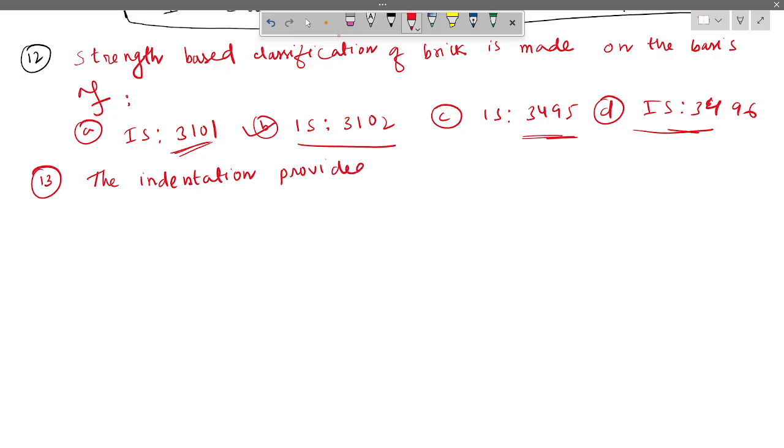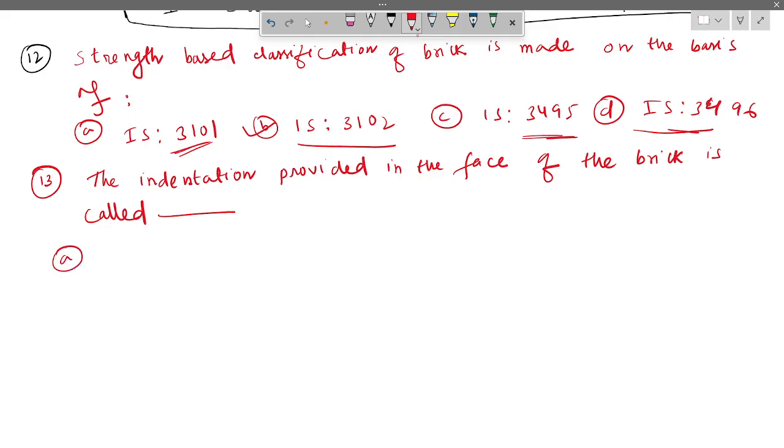Indentation means depression in the bricks, provided in the face of the brick, is called what? What will be the answer?